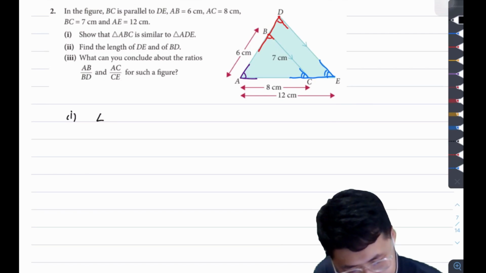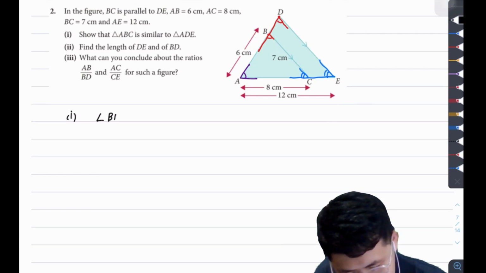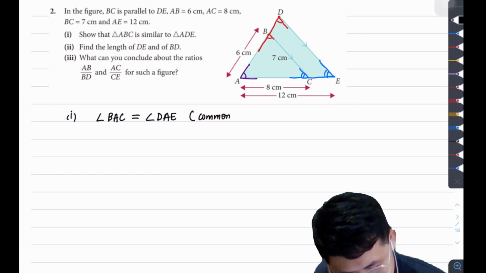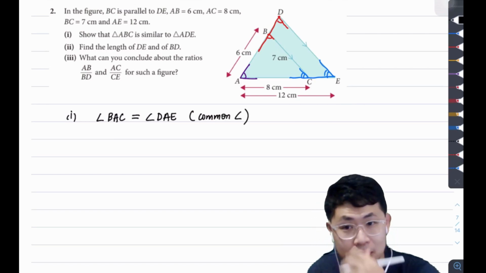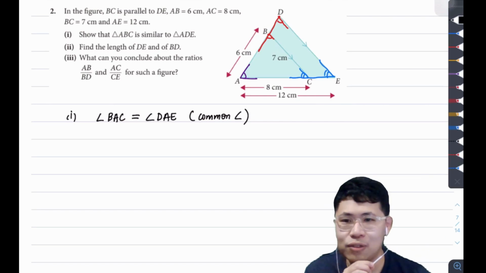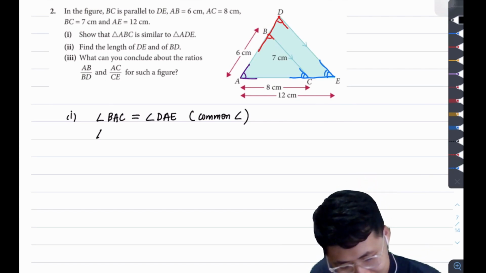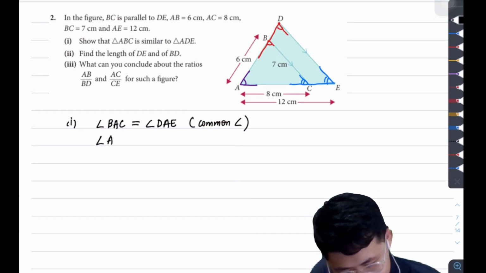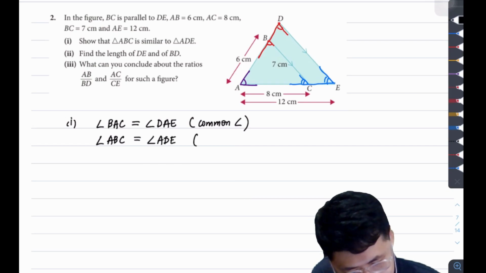So over here we have angle BAC is equal to angle DAE, and this is at side A, right? So I will call these common angles. This is a common angle, like the common side, right? So we have a common angle. Then the next one would be a corresponding angle, so maybe angle ABC equals angle ADE, and this is because of corresponding angles.